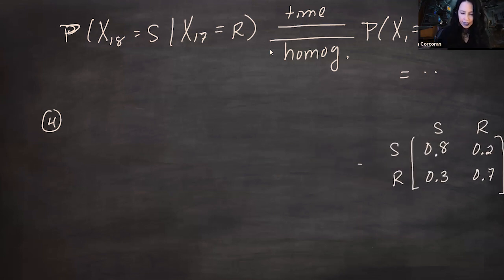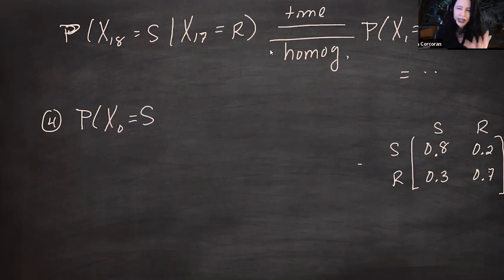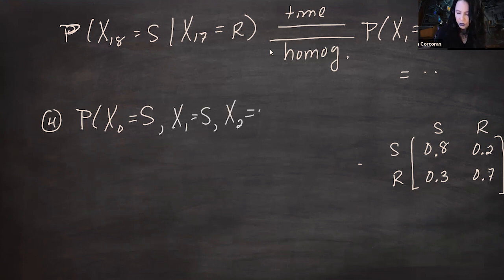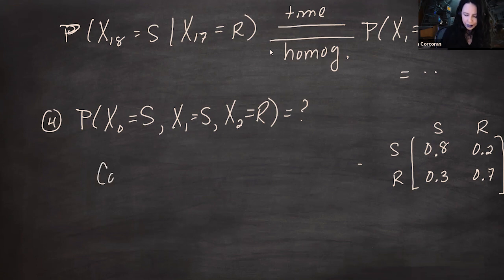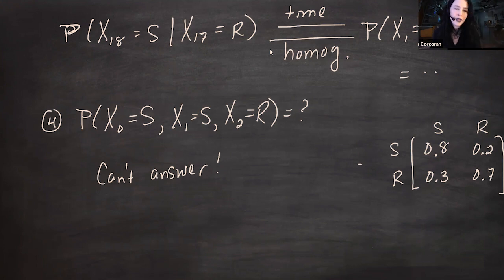Let's look at the probability that, so this is going to be a joint probability with nothing conditional. The probability that x0 is sunny, so sunny on the starting day, x1 is sunny, and x2 is rainy. And as it stands, we can't answer this, because we only have this probability transition matrix.